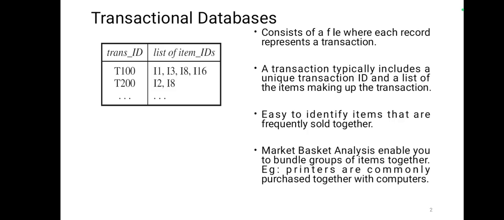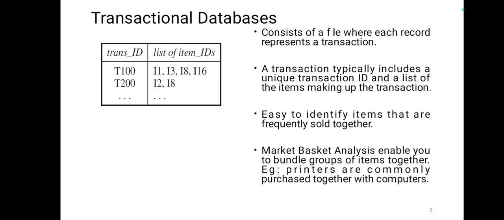Basically, a transactional database stores records of all daily business transactions. Each transaction contains a unique transaction ID which differs from user to user. If I have a particular transaction number, for example T100 in this example, this will not be repeated again, but the list of items, the item IDs I1, I3, I8, I16, could be repeated.